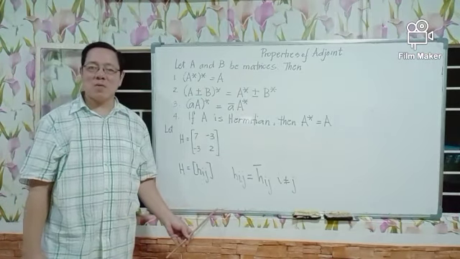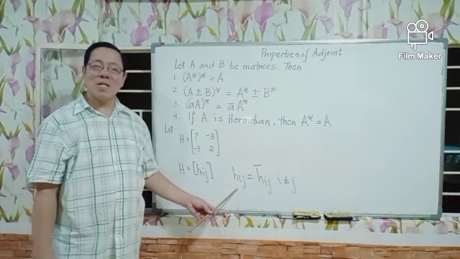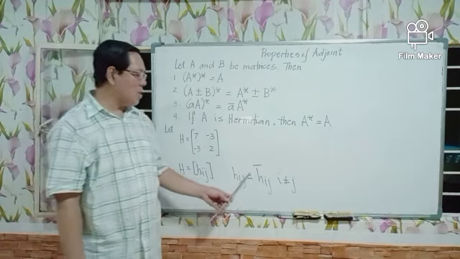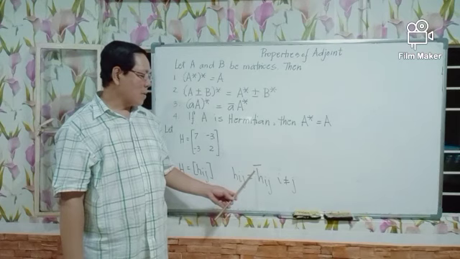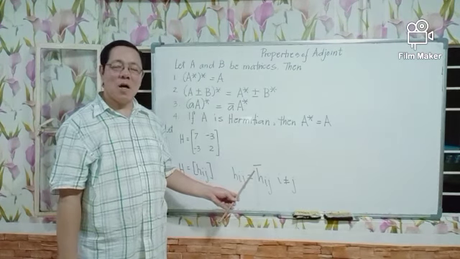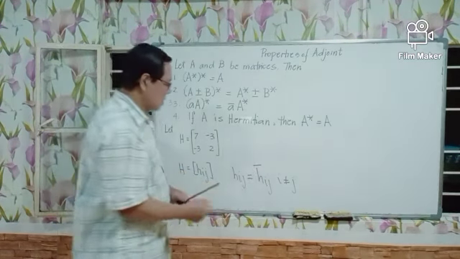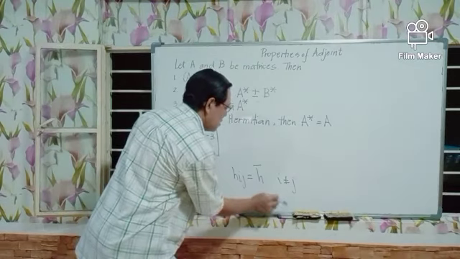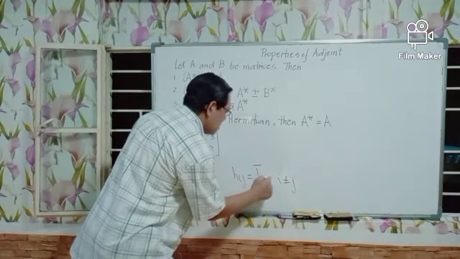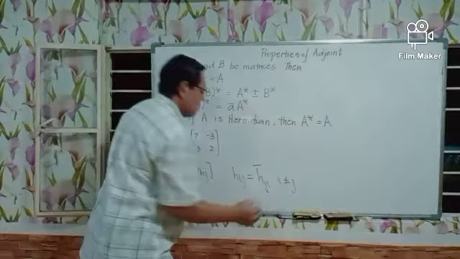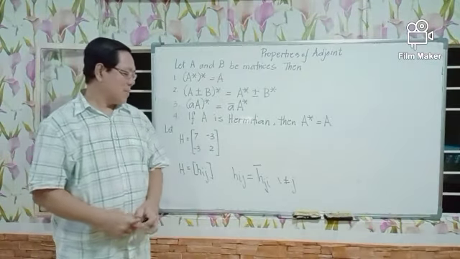Aside from being a square matrix, the ij entry of the Hermitian matrix is equal to the complex conjugate of the ji entry.